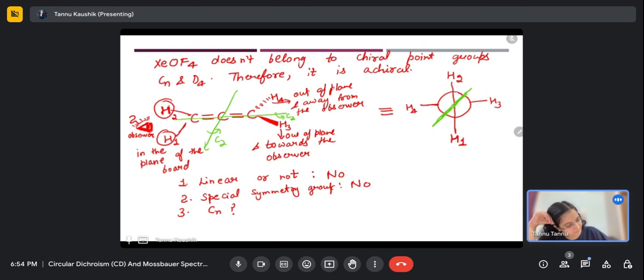So one is here, C2. Then we have, so here we have three C2 axes in this molecule.